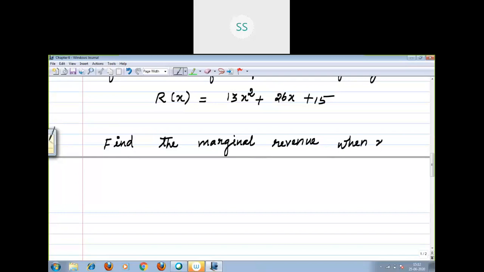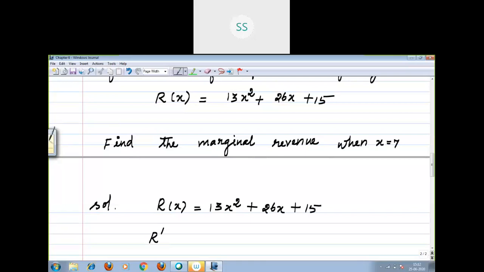At x is equal to 7, what is the marginal revenue? Whether it increases or not, we want to find. The same way I discussed in question number 15, the same way I'm going to do question number 16. Solution. R of x equal to 13x square plus 26x plus 15.